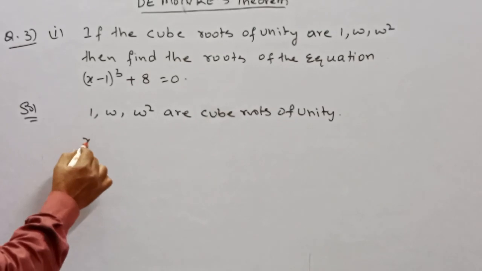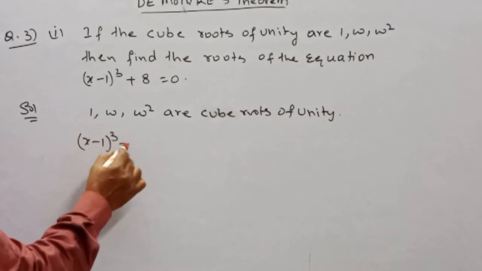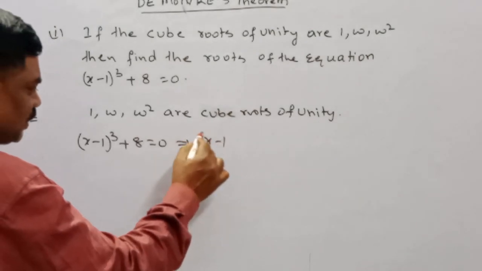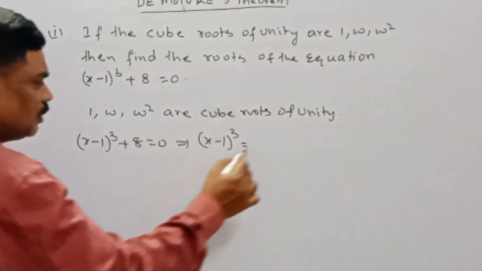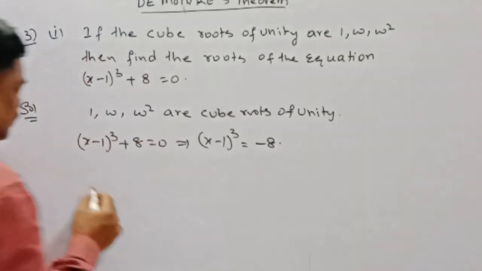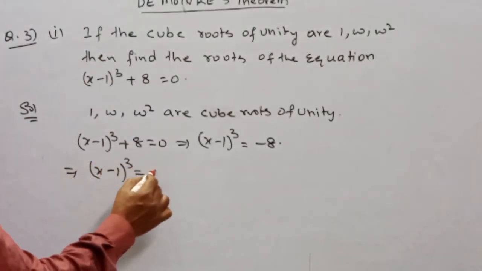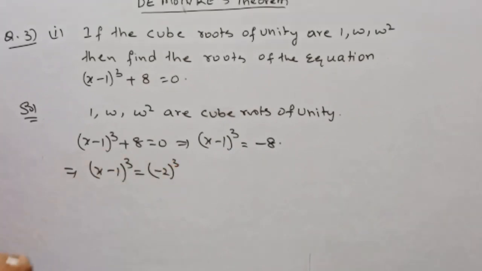Here given equation (x minus 1) whole cube plus 8 equal to 0 implies (x minus 1) whole cube equal to minus 8. This implies (x minus 1) whole cube is equal to (minus 2) whole cube.